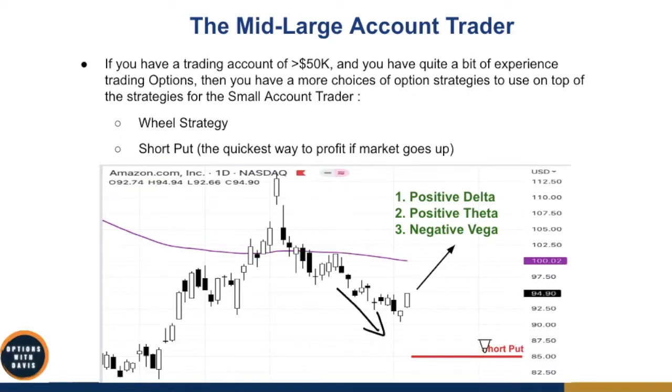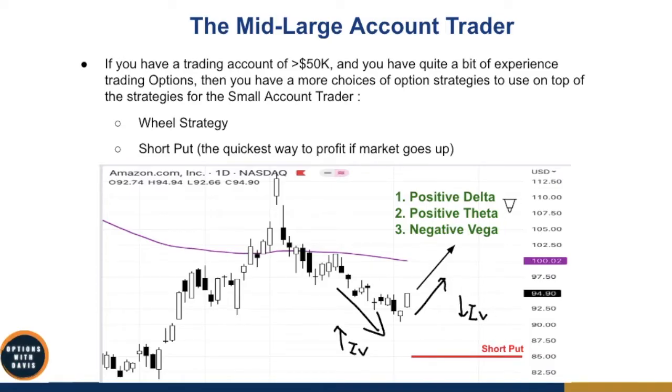This is when you want to initiate the short put position, because most of the time we are contrarian traders. When the market goes down, we sell the put option and get a huge premium. And guess what? When the market goes down, the implied volatility goes up, and when the market goes up, most of the time, the implied volatility goes down. So this way, you also make money on your short put.